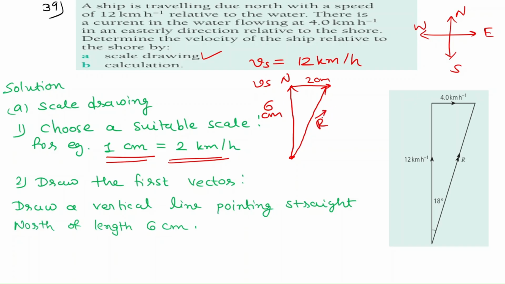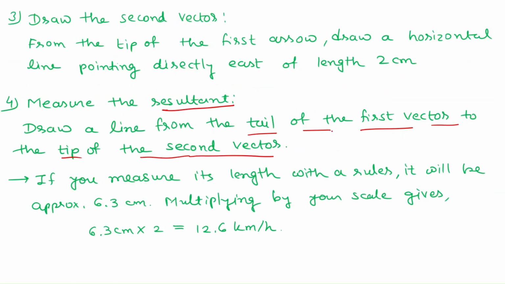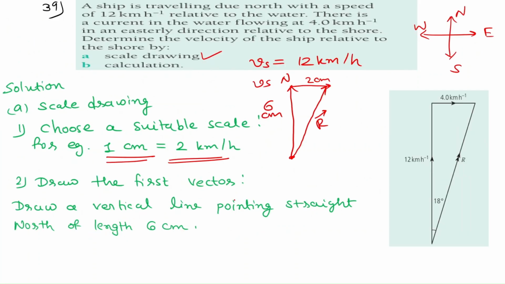This is the resultant vector. If you measure its length with a ruler, it will be approximately 6.3 centimeter. Now the scale measurement is 6.3 centimeter, but in the suitable scale we chose, 1 centimeter means 2 kilometer per hour. So we have to find the velocity of the ship relative to the shore.